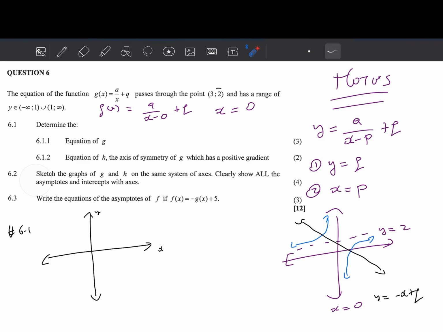That is our vertical asymptote, meaning this function won't pass through the y axis. So it's moving here, because we know we have a point (3, 2) somewhere here.